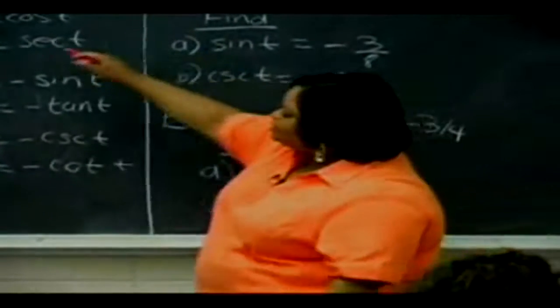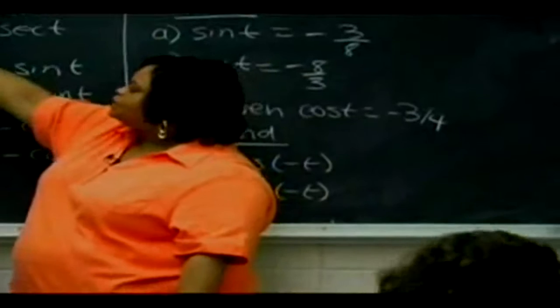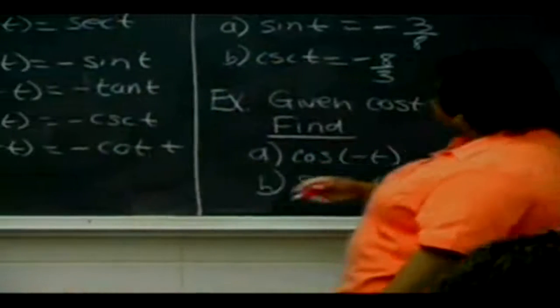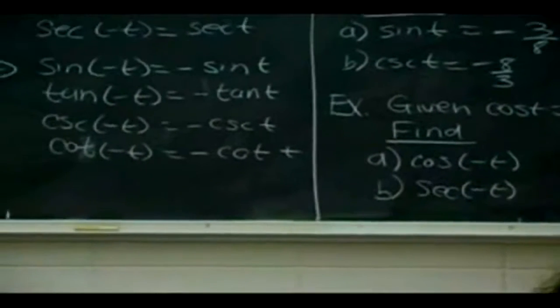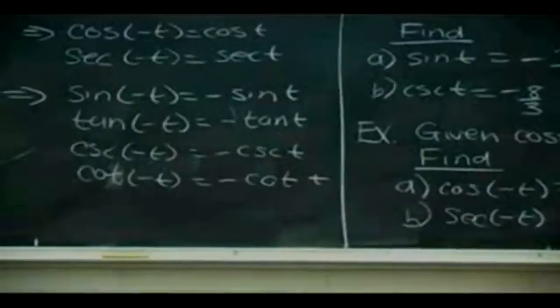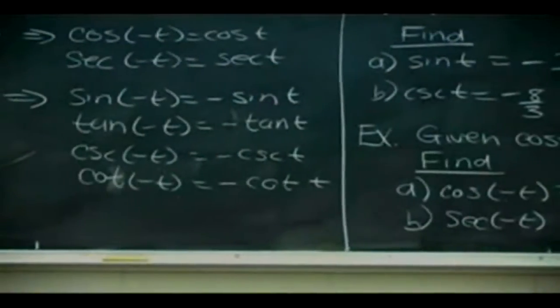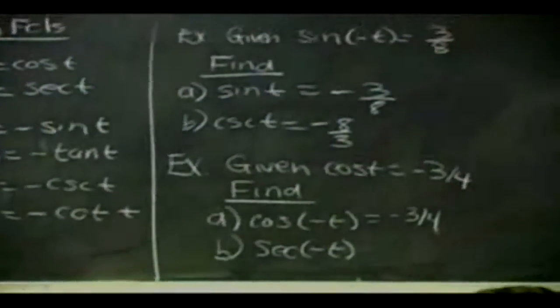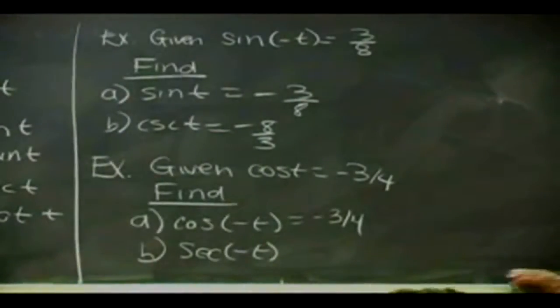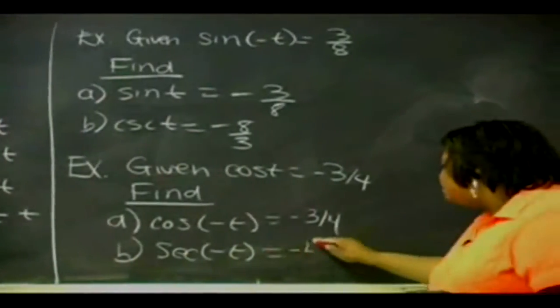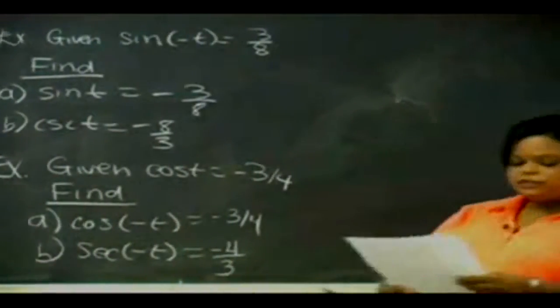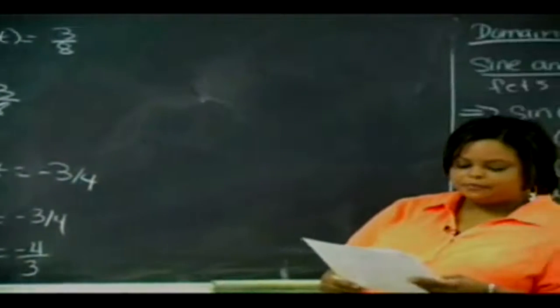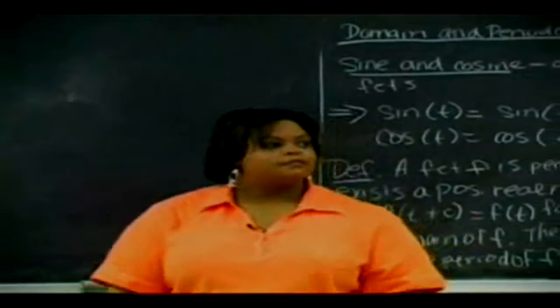Well, cosine is an even function, which means cosine negative t is the same as cosine t. Cosine t is negative 3/4. They're the same thing, negative 3/4. And what's secant? Secant is a reciprocal function of cosine, so that's negative 4/3. Okay?